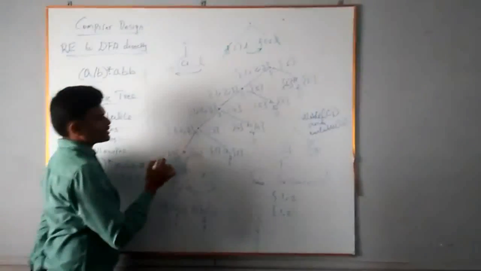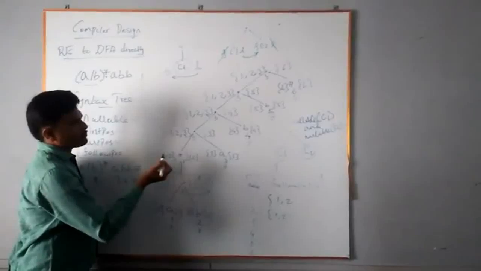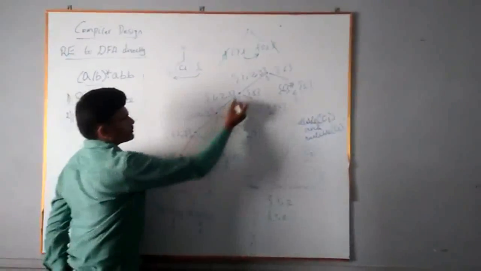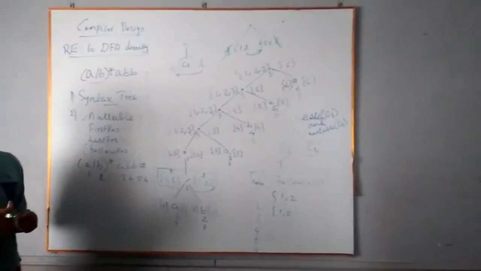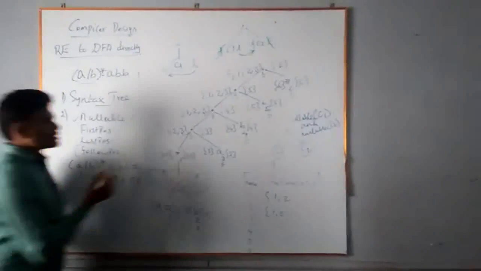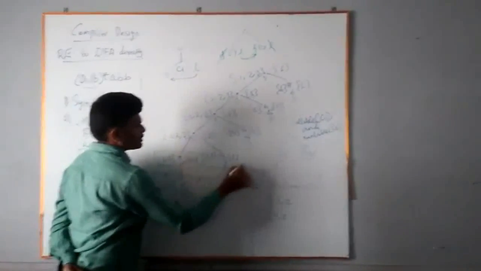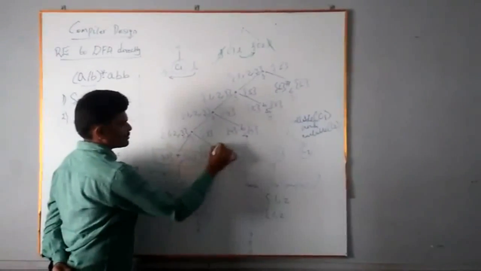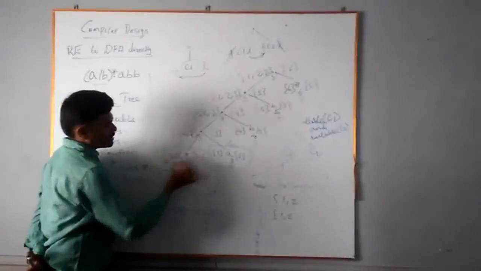Now we have to see how many dot operators are there in our given problem. We have 1, 2, 3 and 4. For all 4 we have to find the follow position of the dot operator. For this dot operator, this will be C1 and this will be C2, and now we eliminate this one and this one.